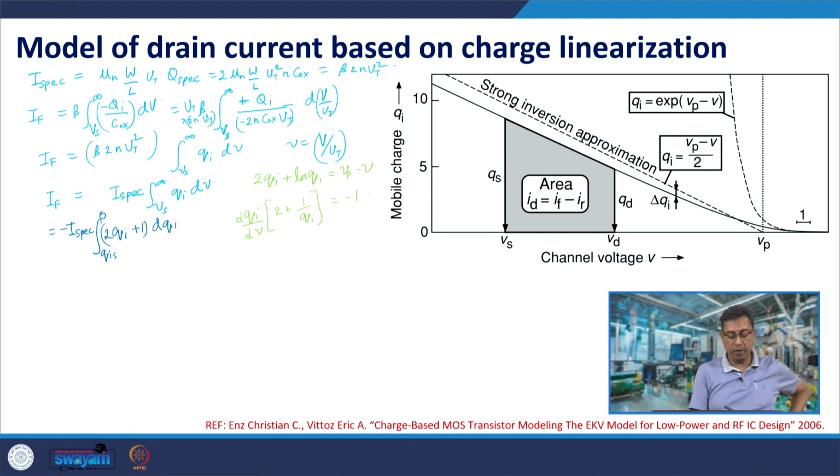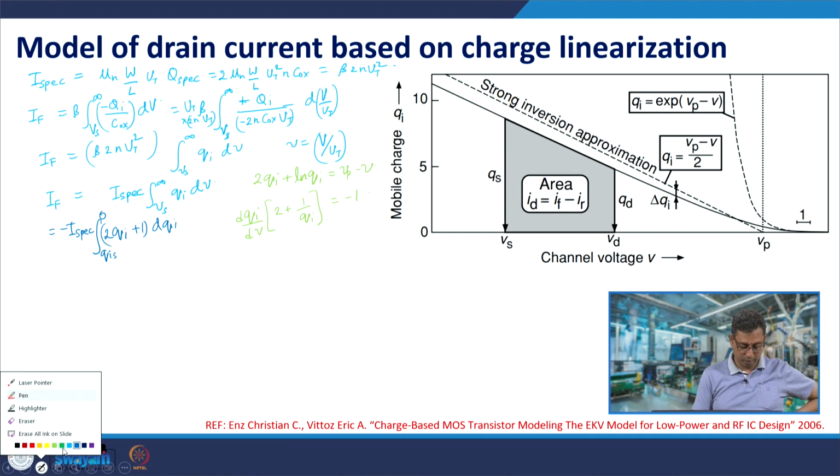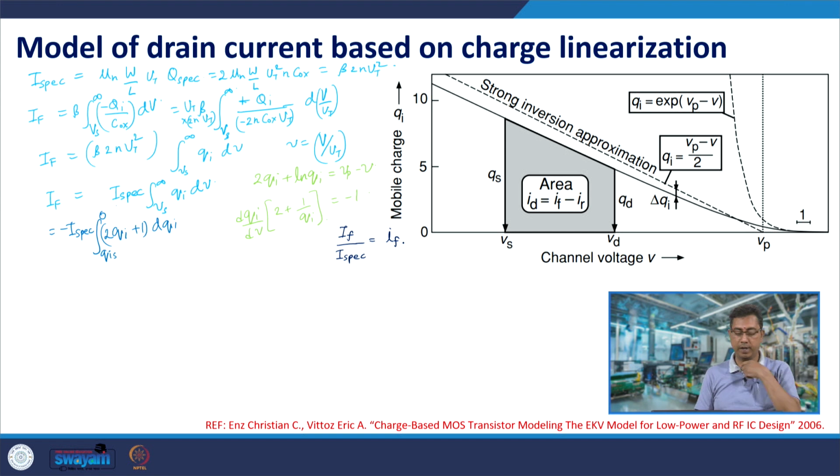0. So, now if we define a normalized current If, by I specific, if we define it this way, then this becomes If normalized equal to the integral from 0 to Qi at source of 2 Qi plus 1 dQi. So, what is this?